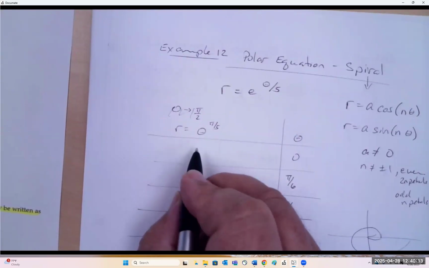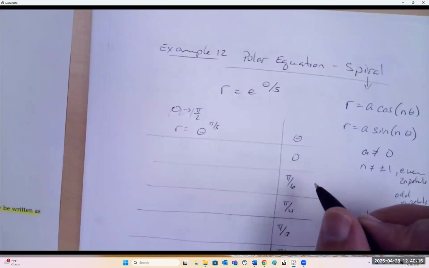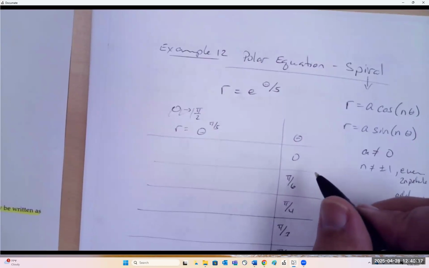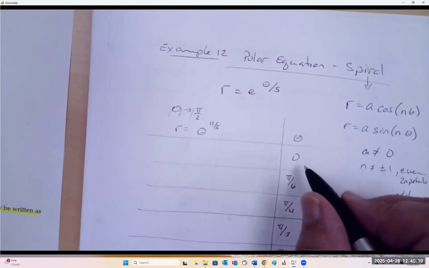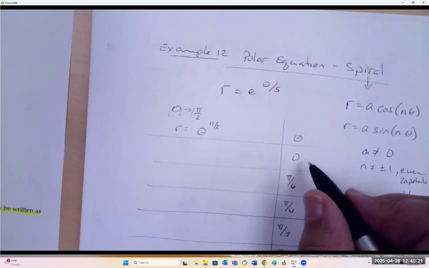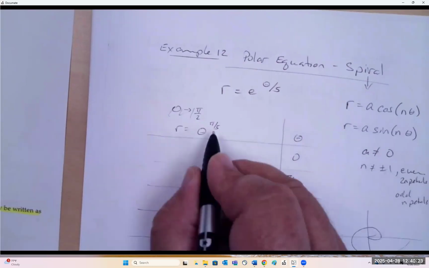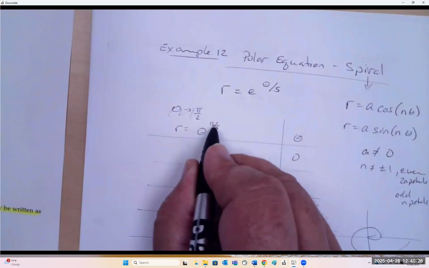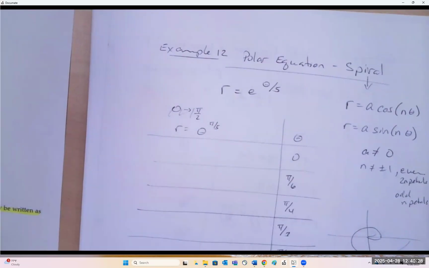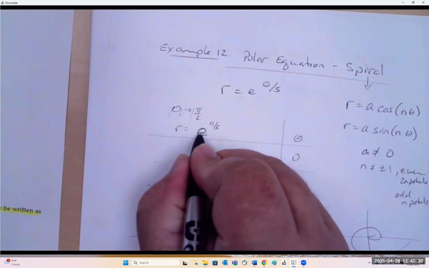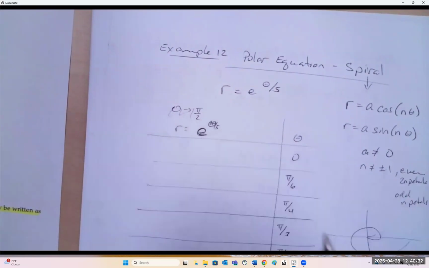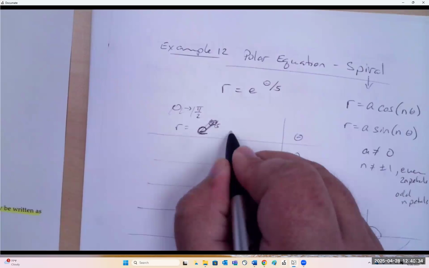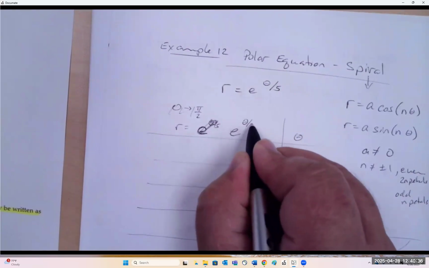So 0 at 0. What was it? E to the theta over 5. That makes more sense. E to the theta over 5.